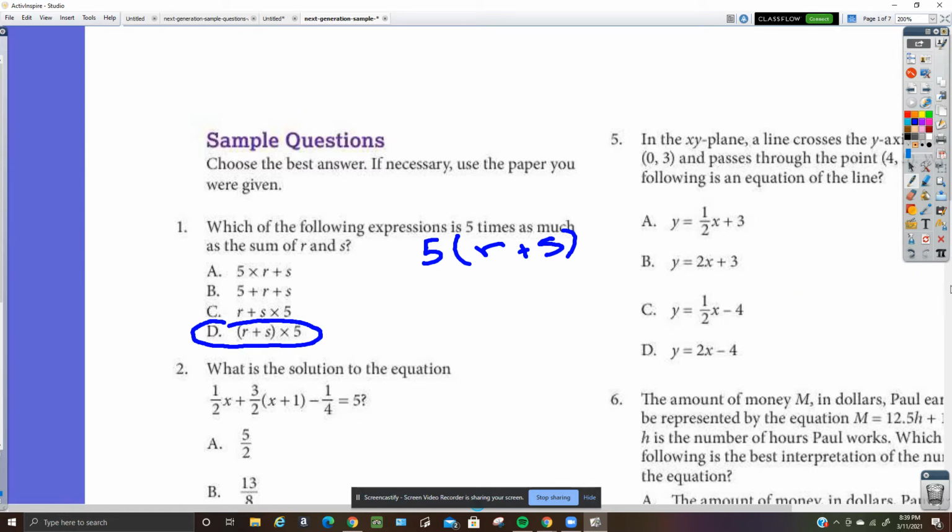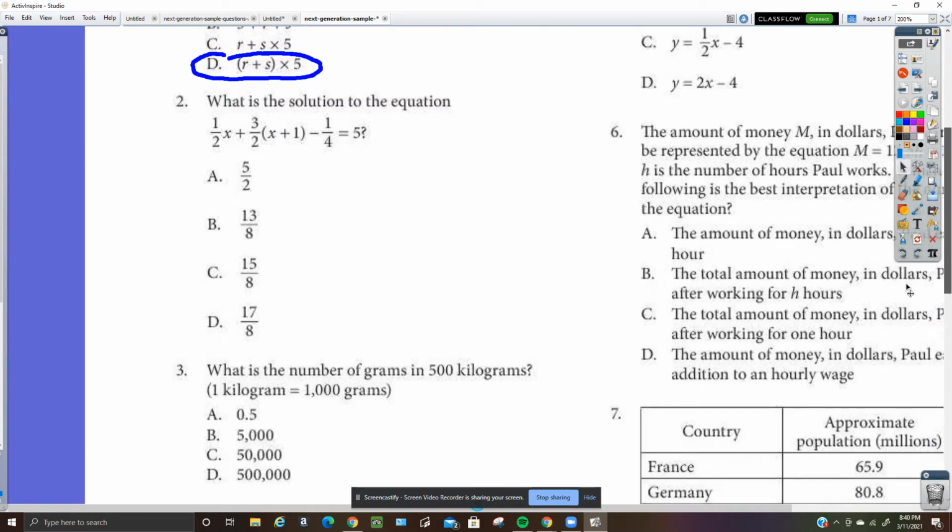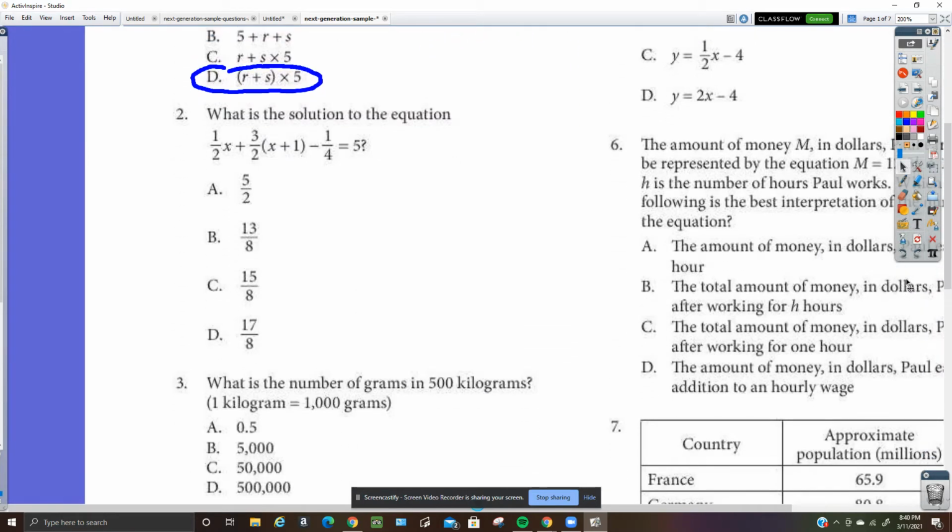And then number 2, let's slide this down here. What's the solution of this equation here?